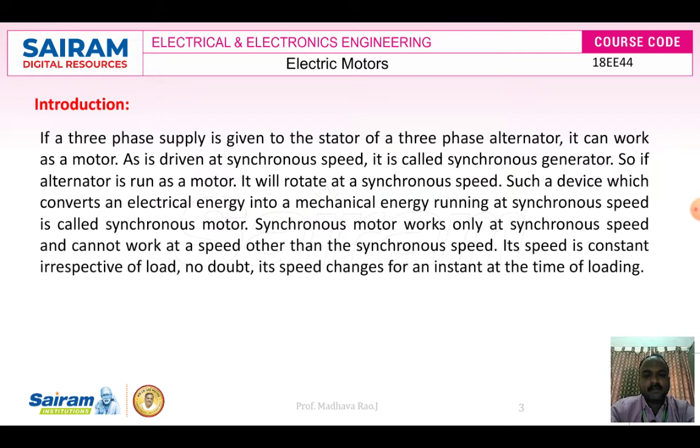These devices which run at synchronous speed are called synchronous machines. A motor which runs at synchronous speed, or constant speed, is called a synchronous motor. Suppose a generator runs at constant or synchronous speed, then the generator is called a synchronous generator.